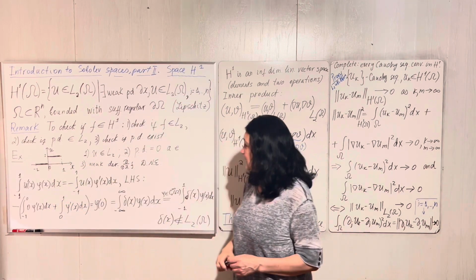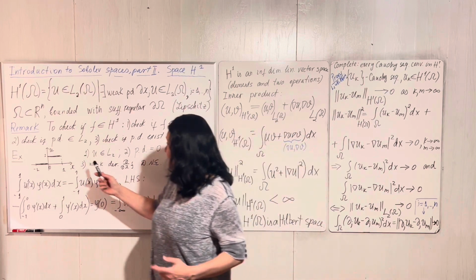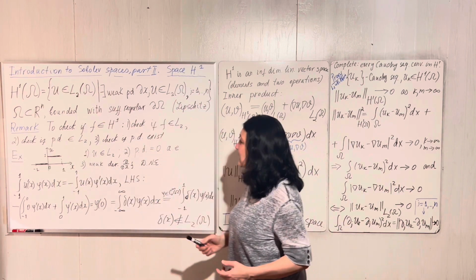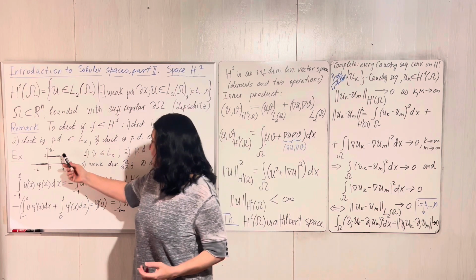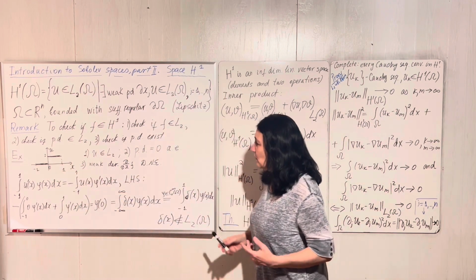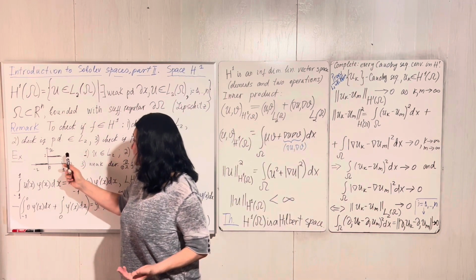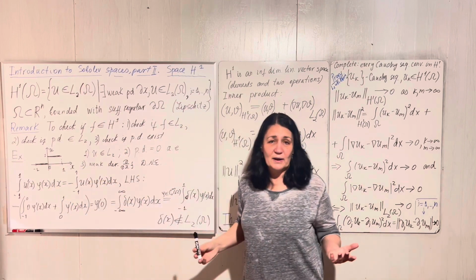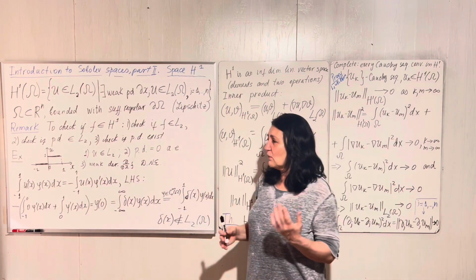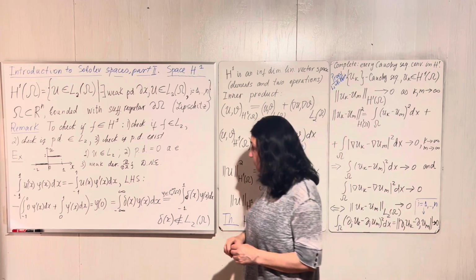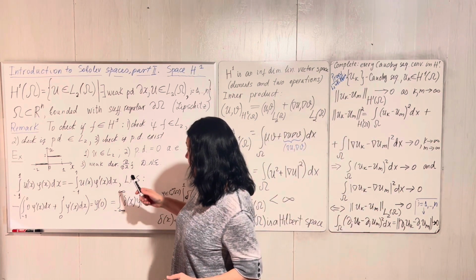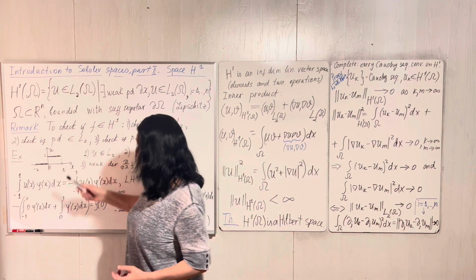We can check this condition. And if we think of its derivative, it equals 0 almost everywhere, so we may think, oh, it's also in L2, because it's almost everywhere 0.